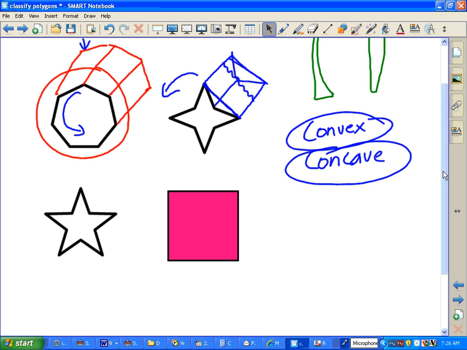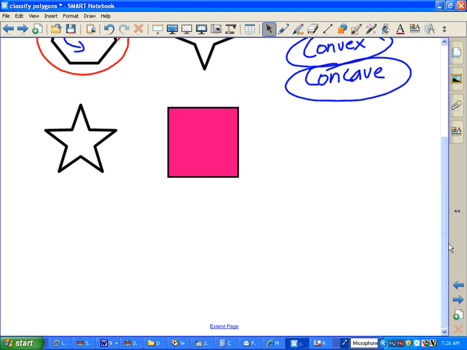Another way to think about it, the way your book describes, is if you took a string and you wrapped a string as tight around that thing as you could, and let's say our string goes here. So we've got a little string here. And I wrapped it as tight as I could. If that string at any point does not touch the sides, it's concave. Because see, the string right here doesn't touch this side.